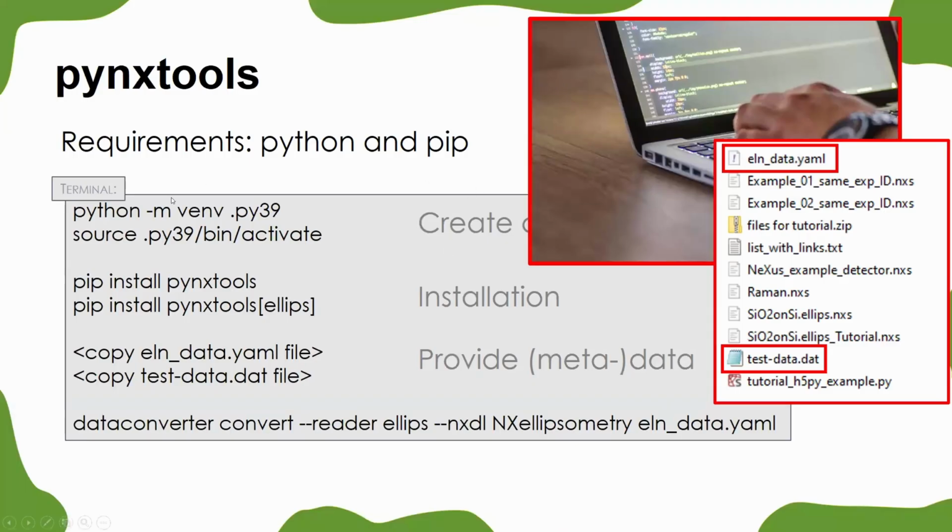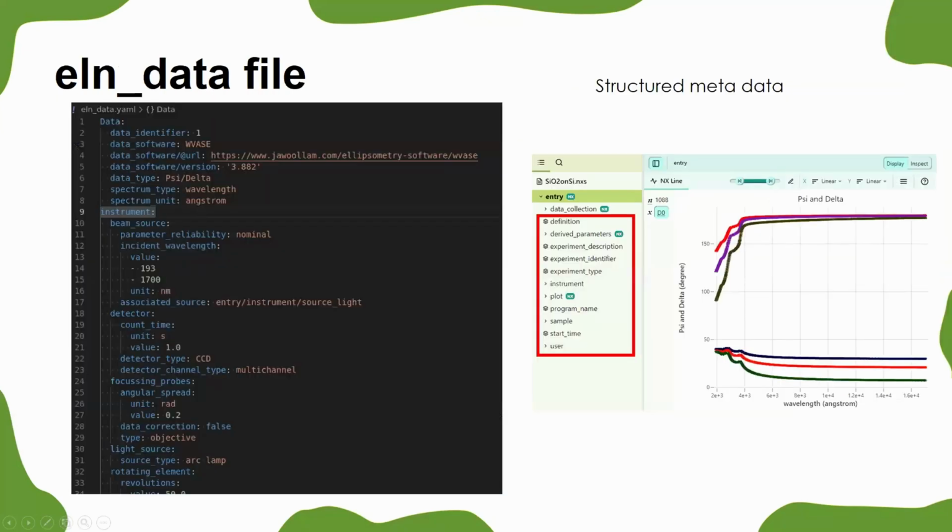Okay, so now I've shown you how to use pynxtools to convert this file. And here again, just short, this ELN data file mostly contained the meta information. Yeah, again, this is the file that you have to provide somehow. You have to structure it somehow, because mostly your electronic lab notebook will look different.